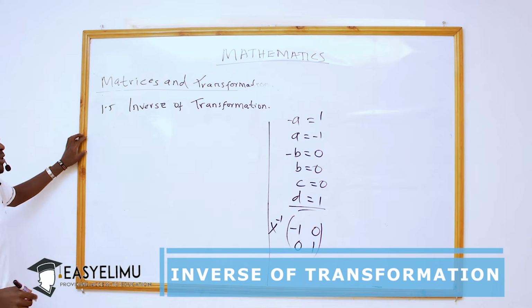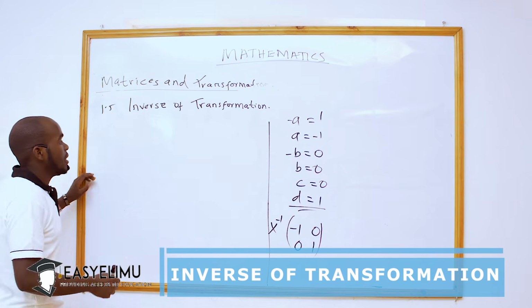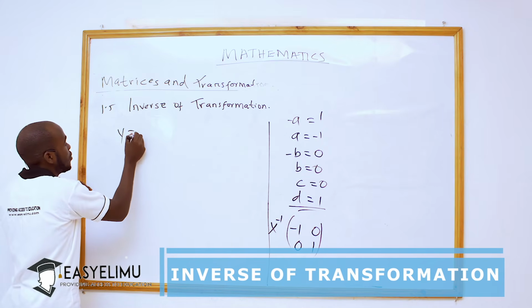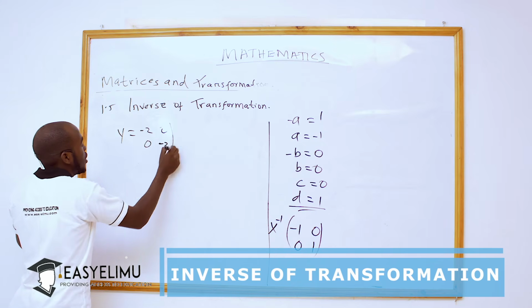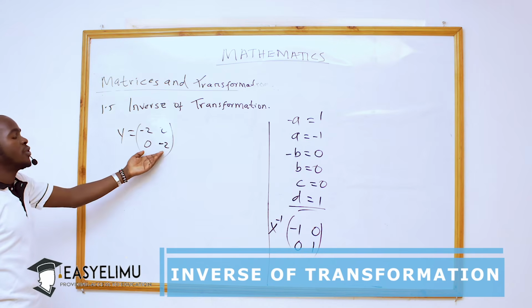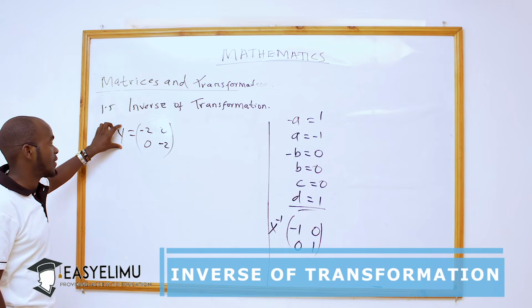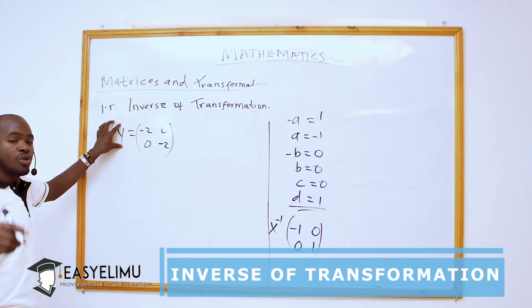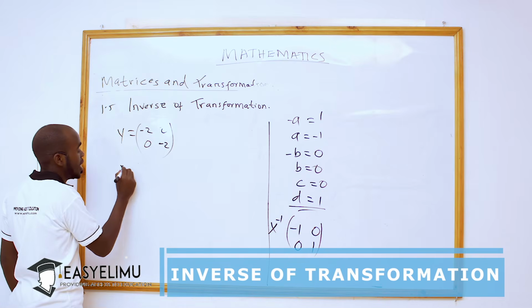The second method of finding the inverse of a transformation: if you have been given, for example, let's say y equals negative 2, 0, 0, negative 2 as your transformational matrix, you can still find the inverse of y by using the form 3 method, by finding first the determinant.